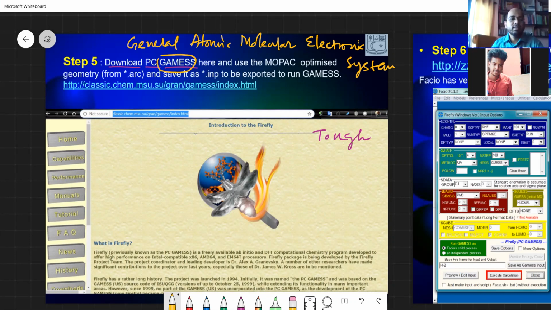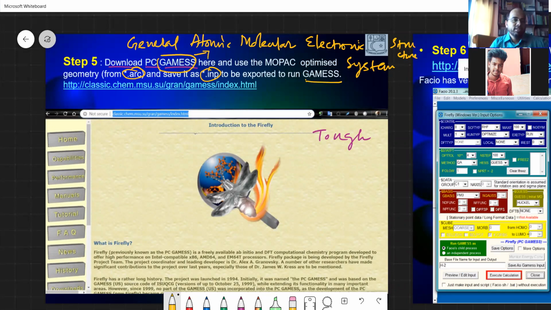This is also sometimes free of cost. General Atomic and Molecular Electronic Structure System. Okay, download PC GAMES here and use the Mopac optimized geometry from the ARC file and save it as an input file to be exported to run the General Atomic and Molecular Electronic Structure System.